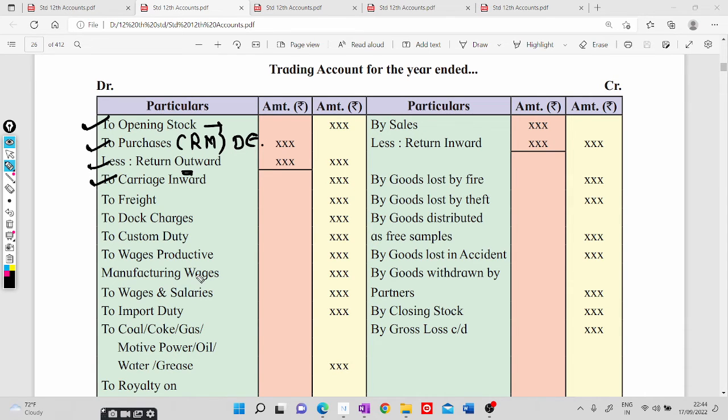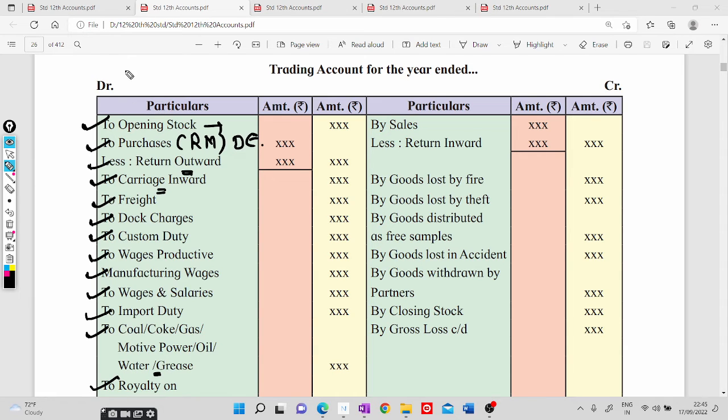It's a direct expense because carriage inward is the transportation cost paid for procuring or making available the raw materials. Freight, dock charges, customs duty, wages, manufacturing wages, wages and salaries, import duties, coal, coke, gas, motive power, oil, water, grease and royalty.